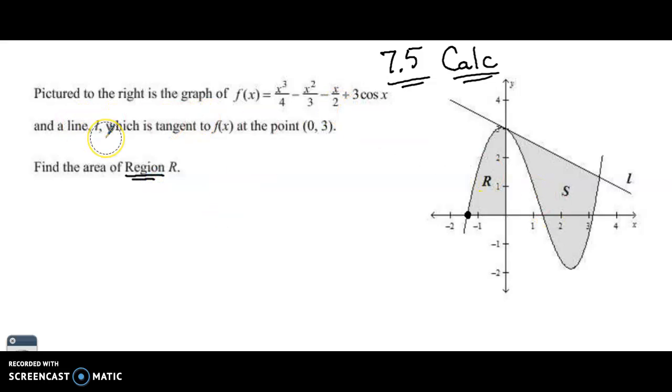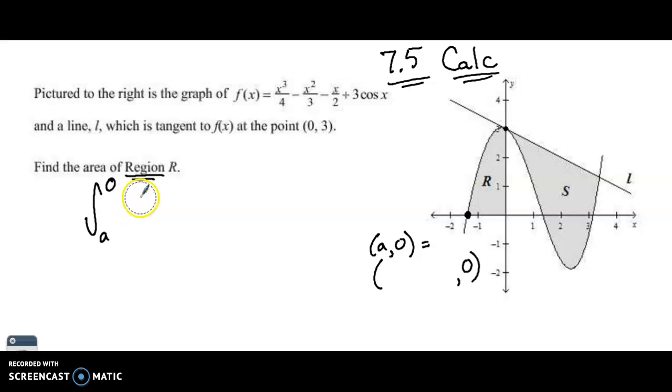Also notice the directions, before I get the calculator out, that the line L is tangent at the point (0, 3). So when we set up this problem, we are going to do the integral, because we're finding the area of region R from some a value. You can call this an a value as long as somewhere in your directions you define a as being equal to some x value, which we're going to figure out, all the way to 0.